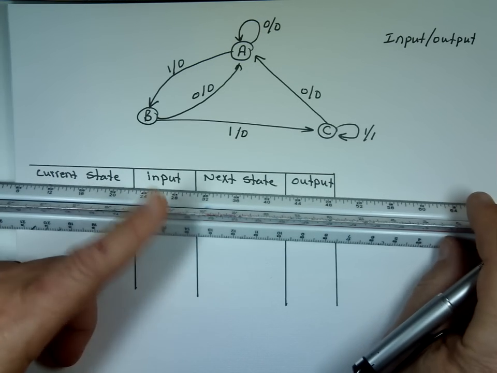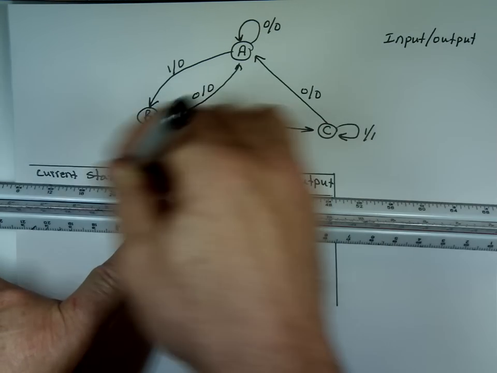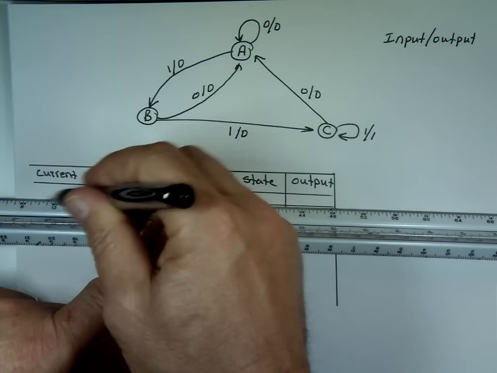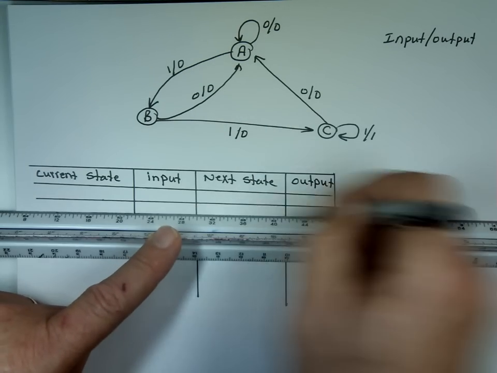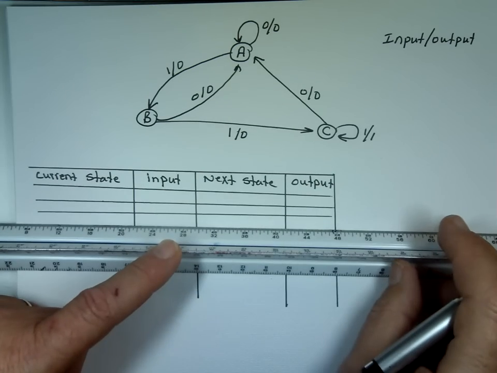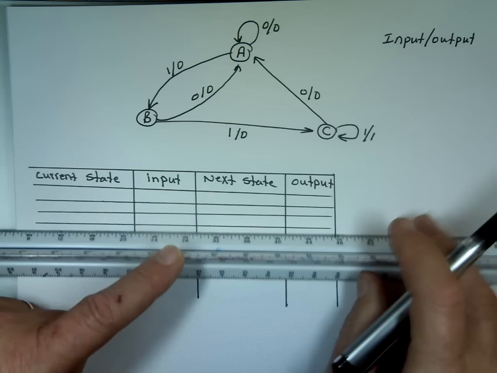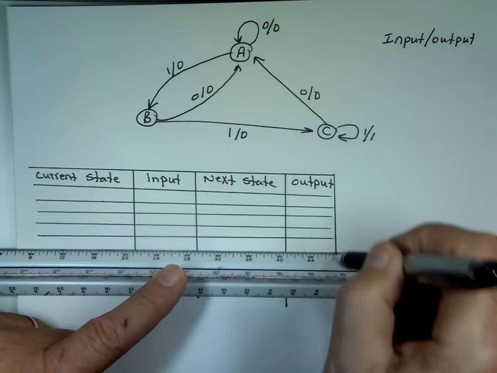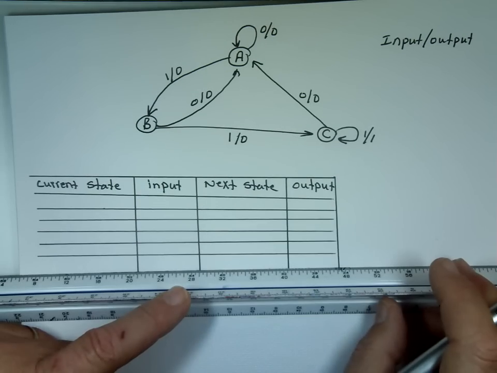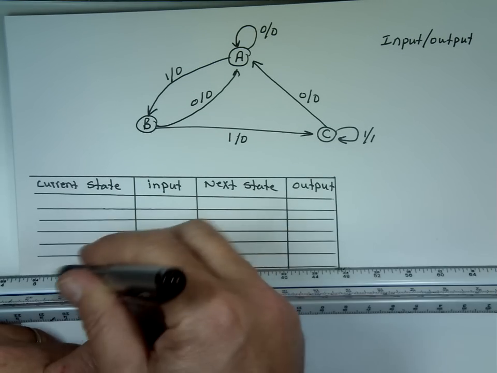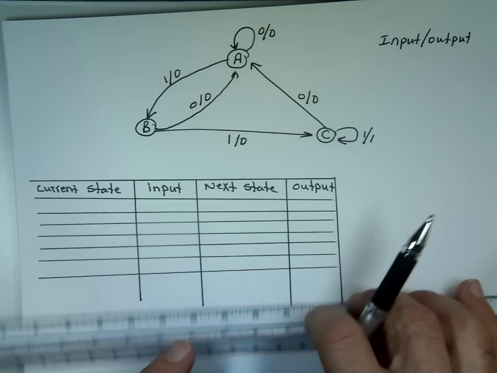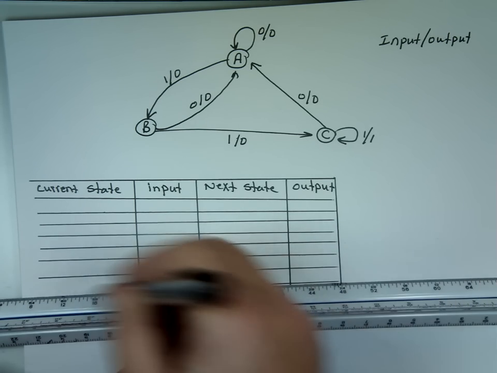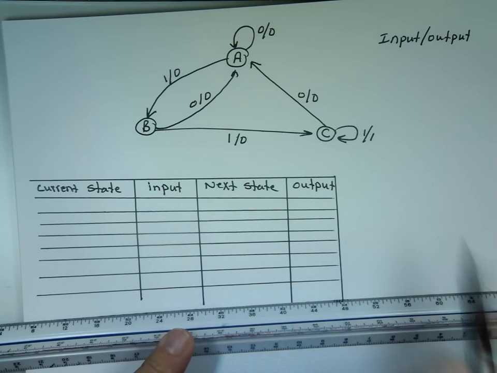And I only have 3 states here. Rows 1, 2, 3, 4, 5, 6. I don't need 7 and 8 because I'm not using them, but I want to highlight them a little bit there.